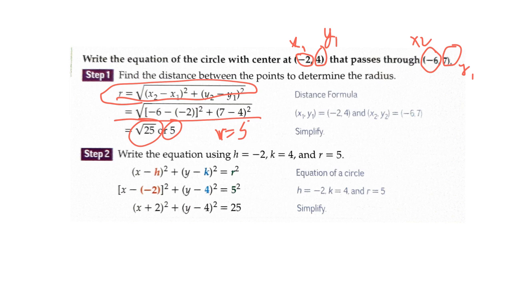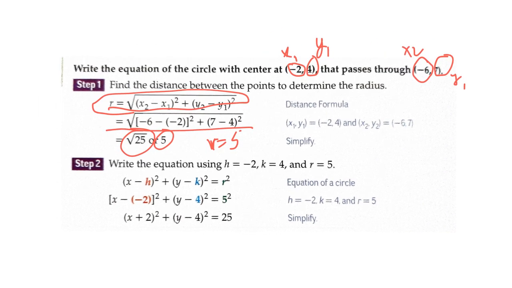Now we have everything we need to write the equation of this circle. So we have the coordinate of the center and we have the length of the radius. So h is -2, k is 4, r is 5.